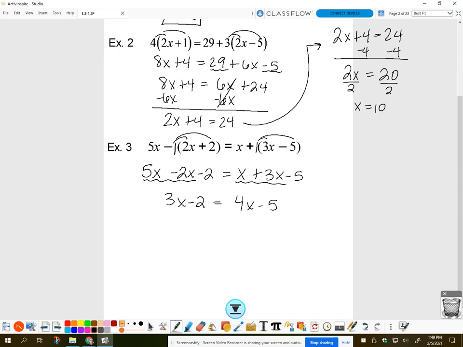If I subtract 4x, I'm going to get negative x, which is going to cause me to have to divide by negative at the end. So I'm going to subtract 3x so that I have a positive 1x minus 5. And then on this side, these cancel, and I just have negative 2. So now we're going to add 5. And x is 3.